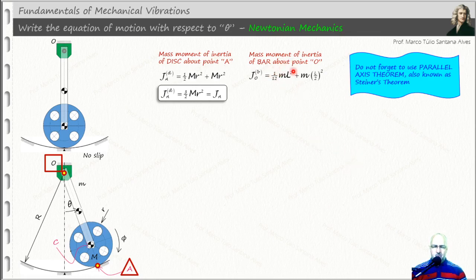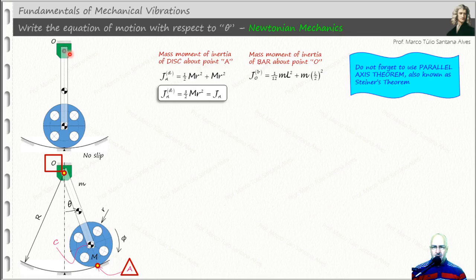For the homogeneous bar, we have 1 over 12 times the mass of the bar times squared L plus its mass times the distance between its CG and the point of rotation.